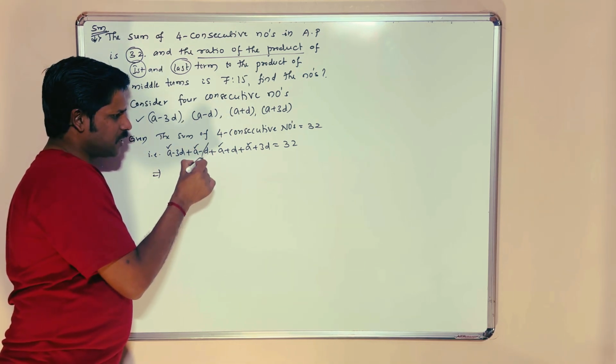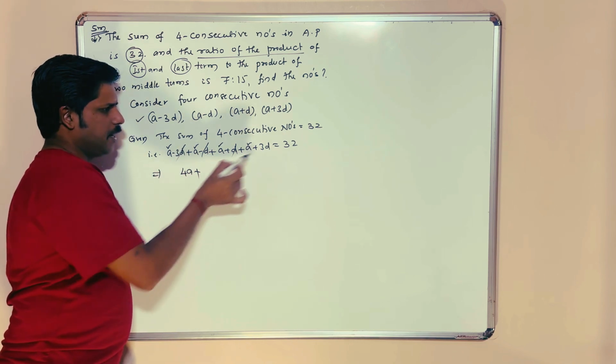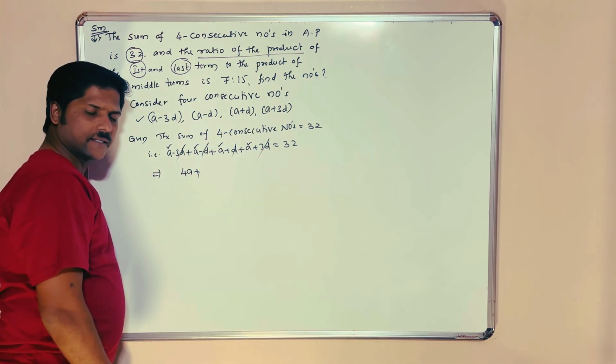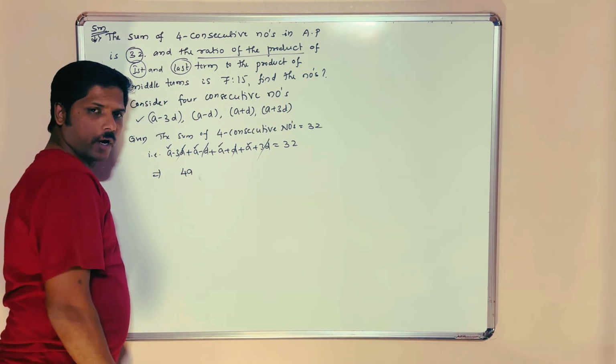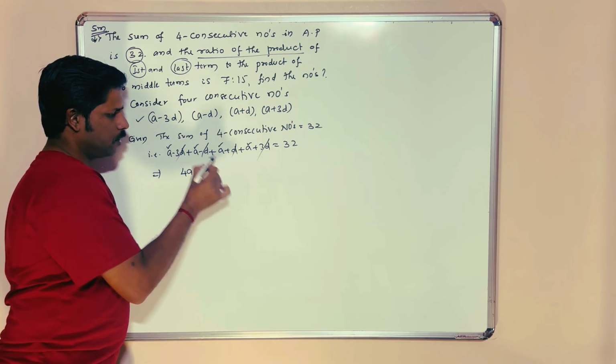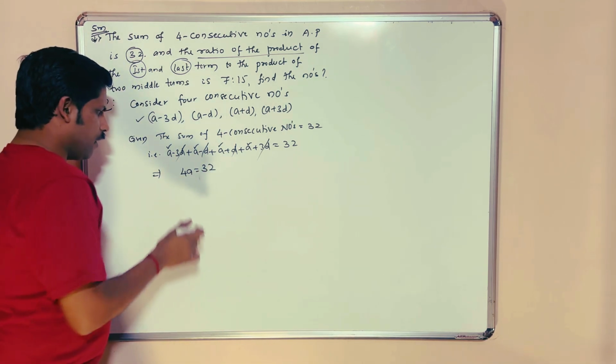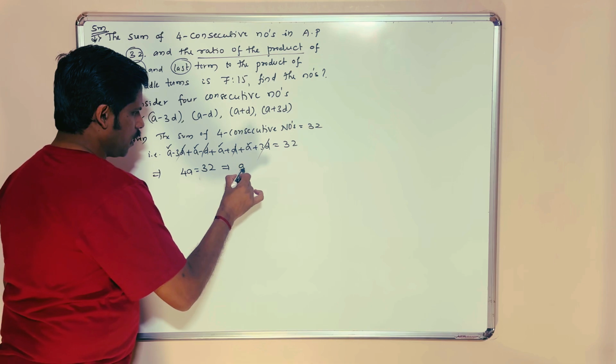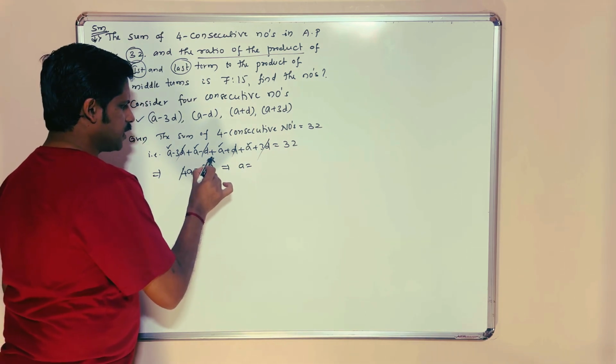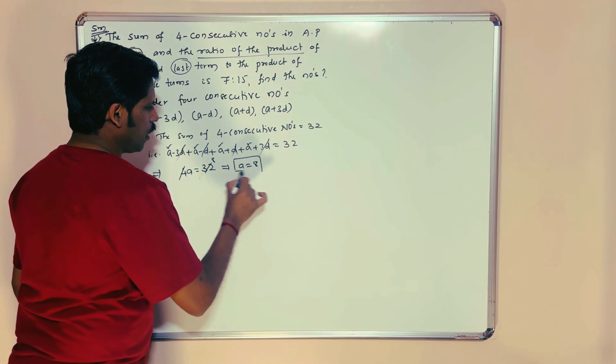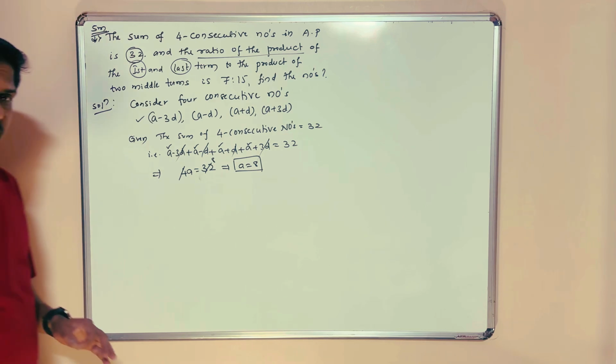Plus D and minus D get cancelled, minus 3D and plus 3D get cancelled. We remain with only 4A is equal to 32. Then what is the A value here? A is equal to 8. So A is equal to 8.